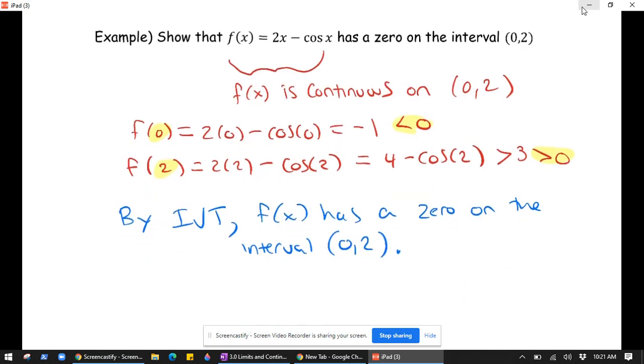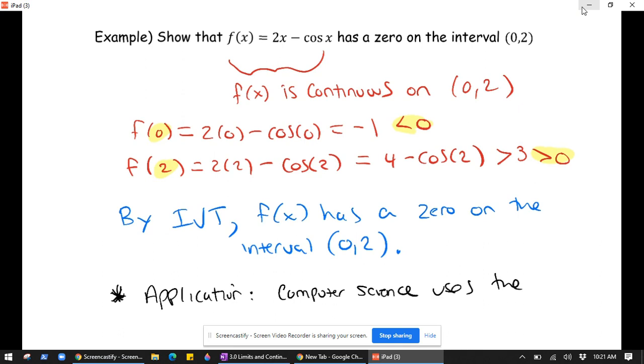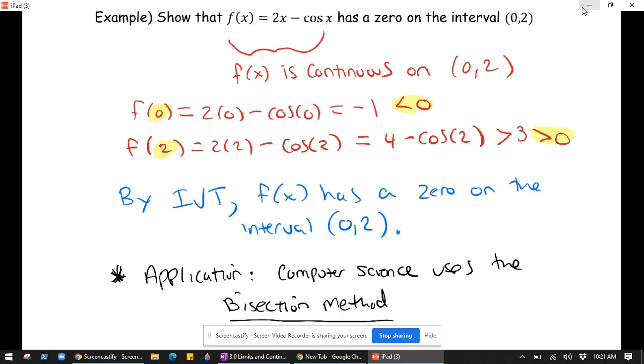And for those who are looking for, again, an application of this, there's something in computer science or computer programming called the bisection method. Okay, the bisection method is an algorithm. It's like a loop algorithm that helps you find zeros once you appropriately program your computer, to approximate or find zeros to whatever level of accuracy you want.